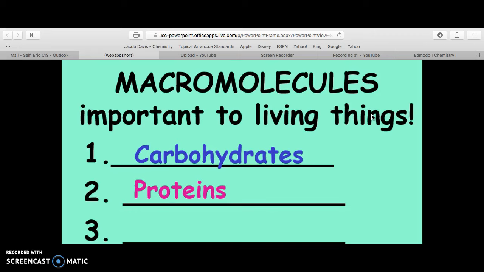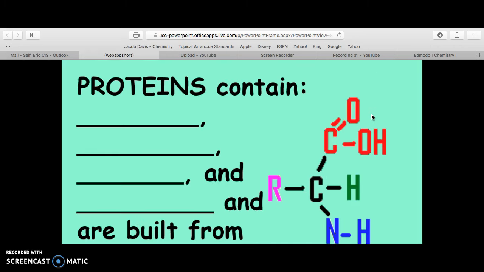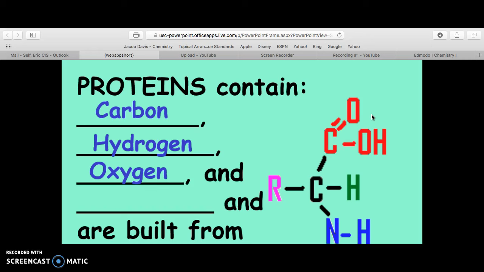So we've covered carbohydrates. We may get into just a little bit of proteins today. Let's go ahead and we'll start here. We may not finish with this one, but we'll at least get into this. Proteins are a little bit different. They're going to contain carbon, hydrogen, oxygen, and nitrogen, and they are built from amino acid subunits.